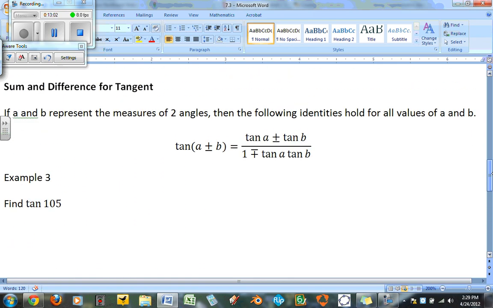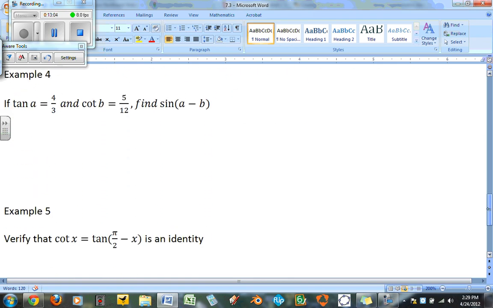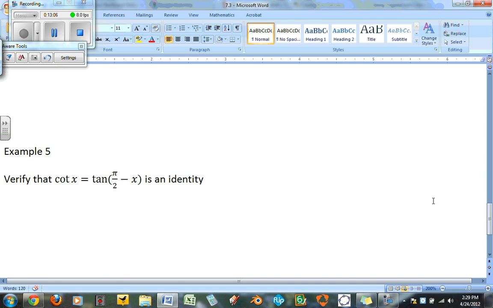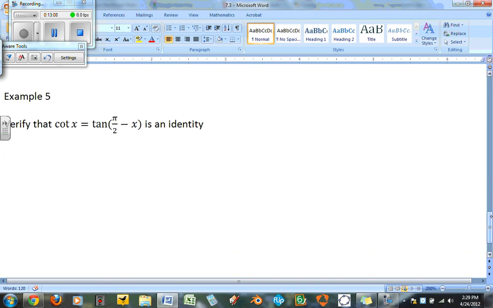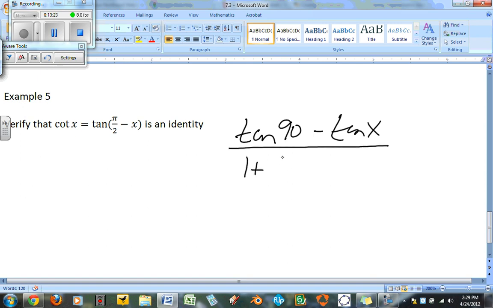This is what we're going to want to use: tangent of A plus or minus tangent of B over 1 minus or plus tangent A tangent B. So we're going to have the tangent of 90 degrees, that's the same thing as pi over 2, minus the tangent of x, all over 1 plus the tangent of 90 degrees times the tangent of x.